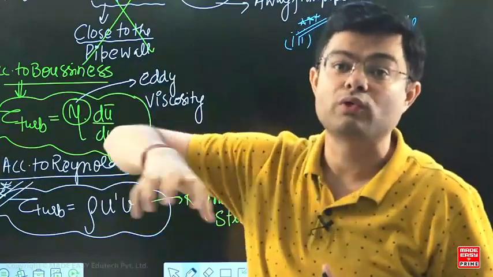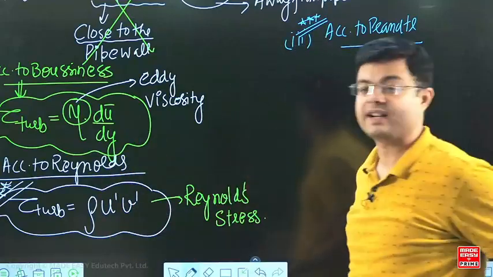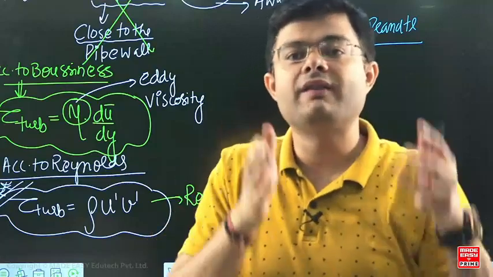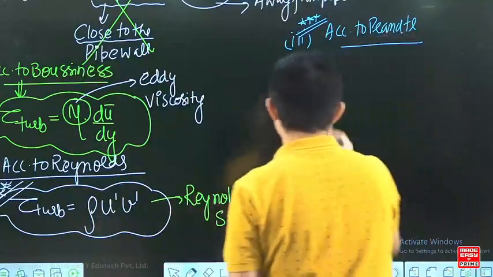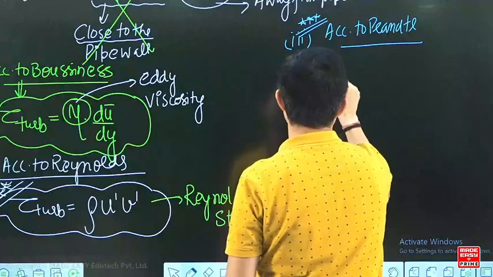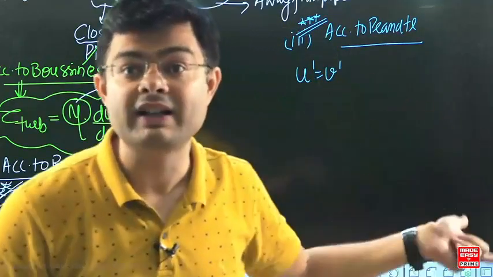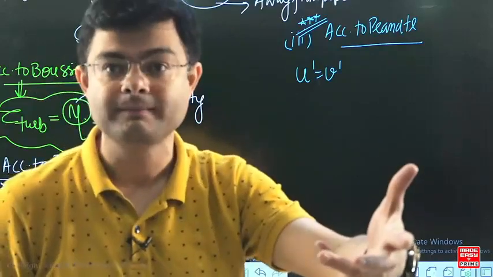Prandtl only found out the values of u dash and v dash. From his experiments, he found the fluctuating components of velocity in the x and y direction, and that the values of u dash and v dash were the same. All these are experimental data and results. Unfortunately, you have to remember, I can't do anything.